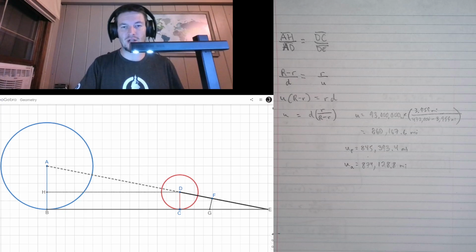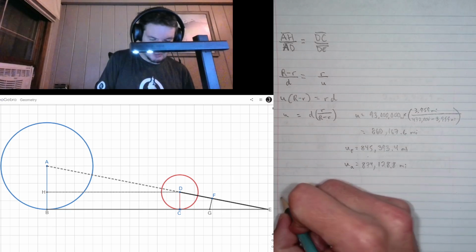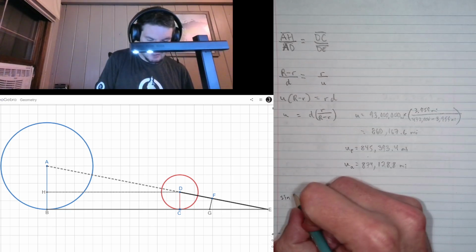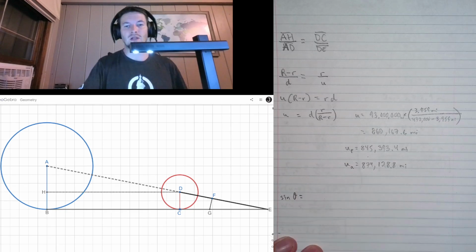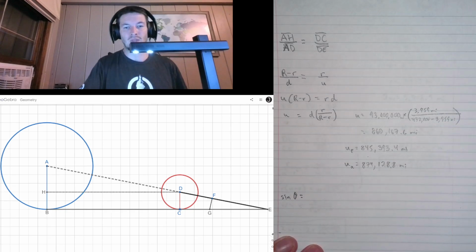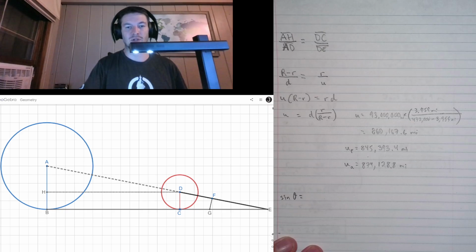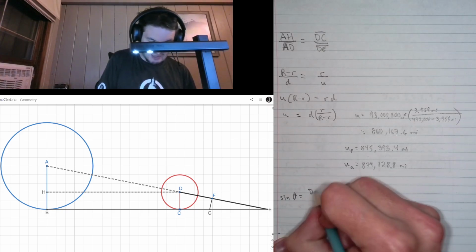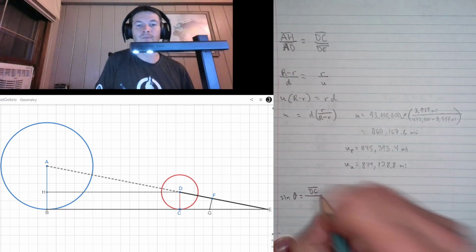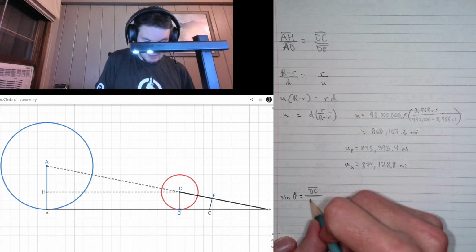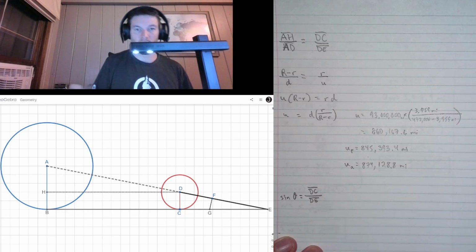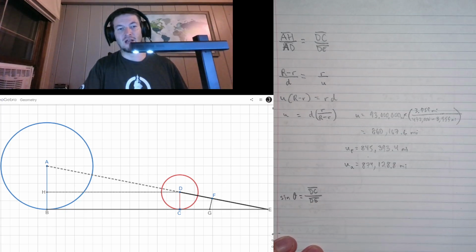We're going to call this angle in here theta, we only have one angle. So we know that sine of theta is equal to the opposite over the hypotenuse. So that's going to be DC over DE. We also know that the sine of theta is equal to AB over AE.